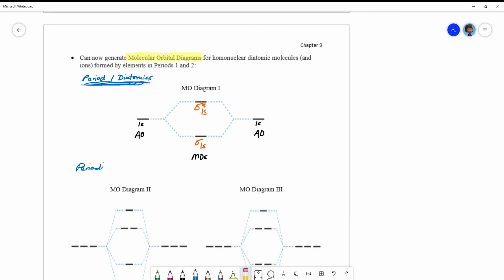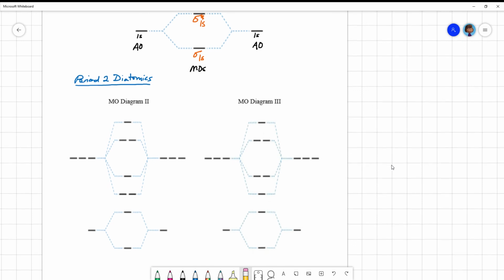Now, it turns out for period 2 diatomics, there are two possible molecular orbital diagrams that we could end up with. I've called them molecular orbital diagram Roman numeral 2 and molecular orbital diagram Roman numeral 3. Let's take a look at these diagrams and see how they're obtained.